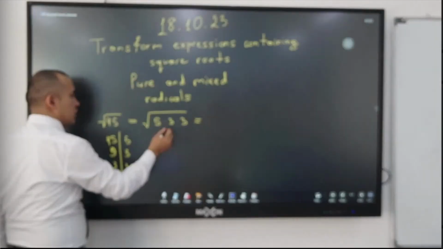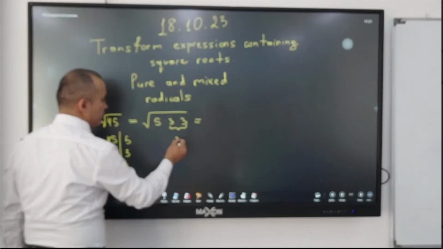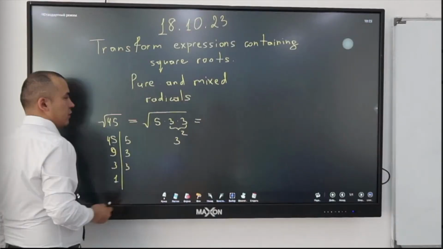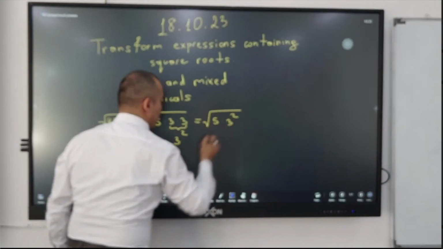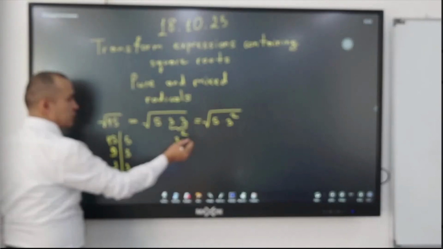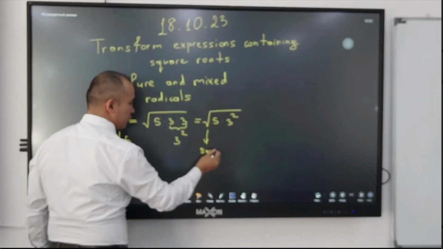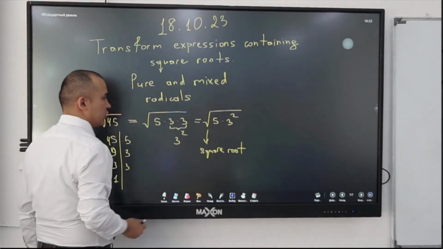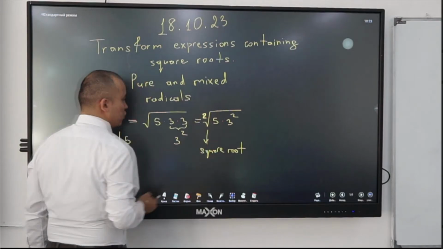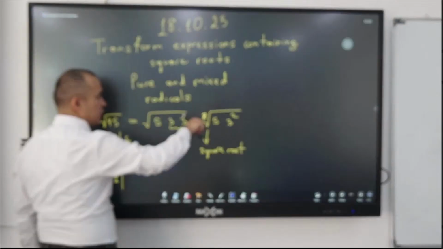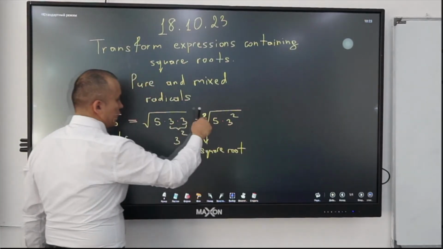We can write this multiplication 3 times 3 like 3 squared. And under the root will be 5 times 3 squared. We know that this root is a square root, because here the index is 2. We don't write it here, but we must know that the index is 2.